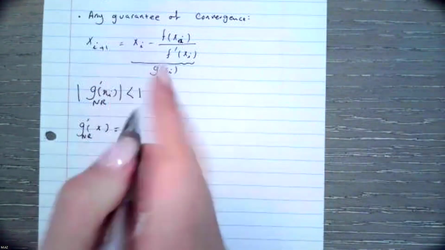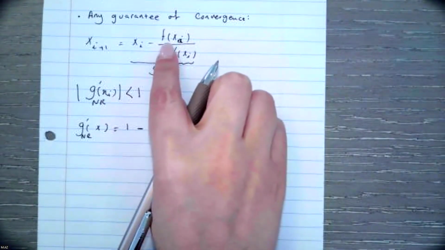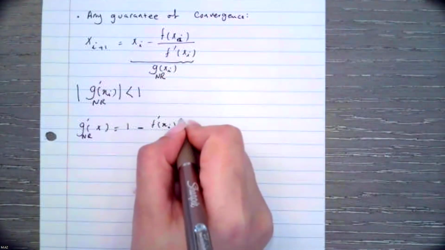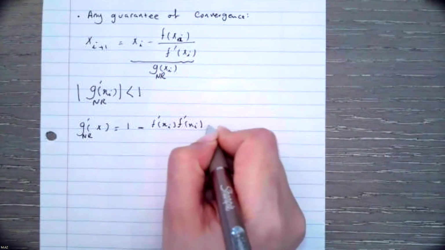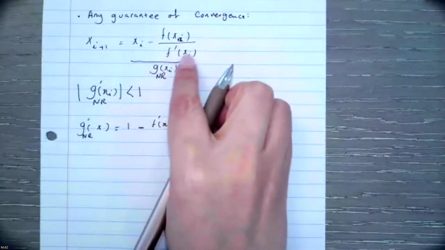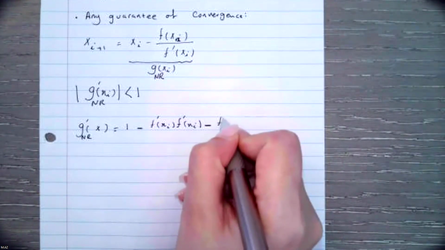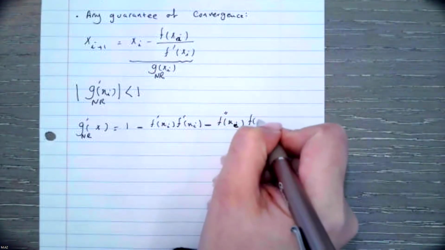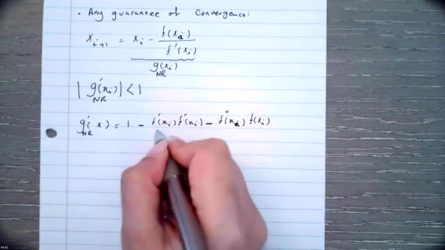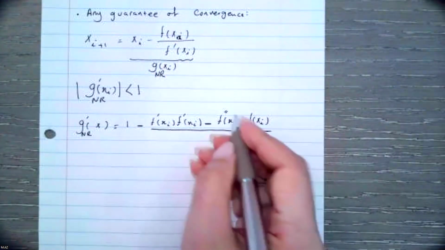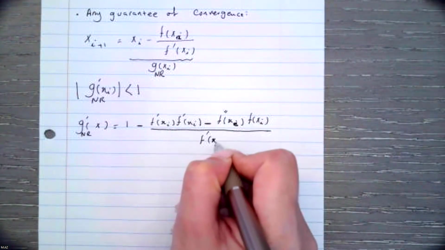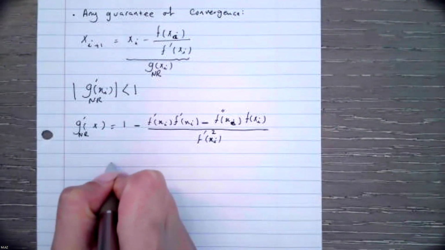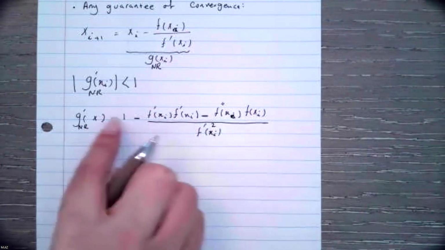The derivative of x is 1, minus the derivative of f of x times this, minus the derivative of the denominator, f double prime times f of x, over f prime squared. Once we do the manipulations, first we make a common denominator.